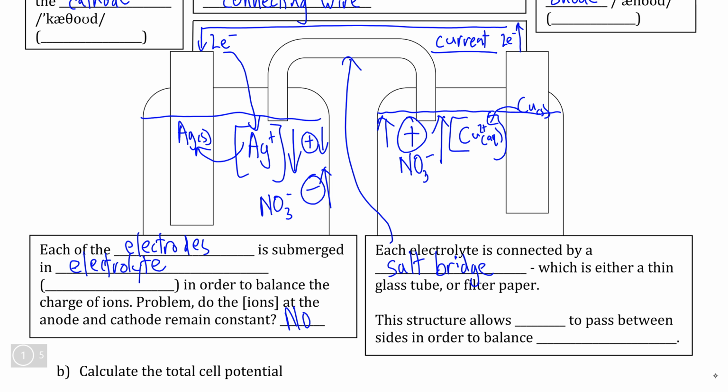It's usually made out of some non-conductive material like glass or filter paper, but basically it allows the solution to move in either direction, which allows high concentrations of ions on either side to move between either well of electrolyte. And again, the purpose of the salt bridge is to allow ions to pass between each of the electrolytes in order to balance the charge on either side.